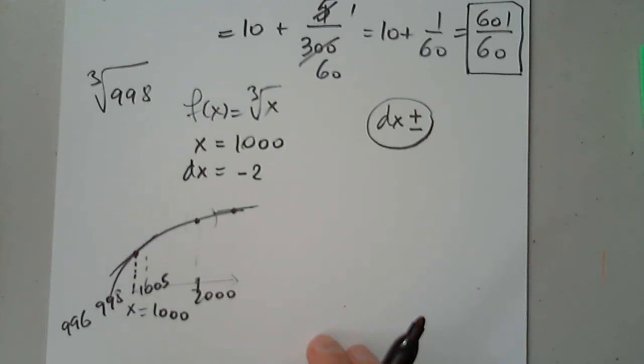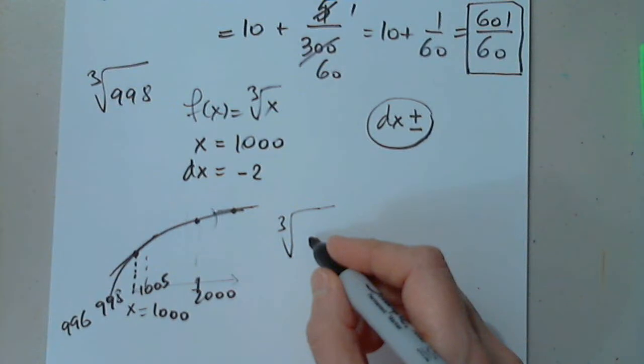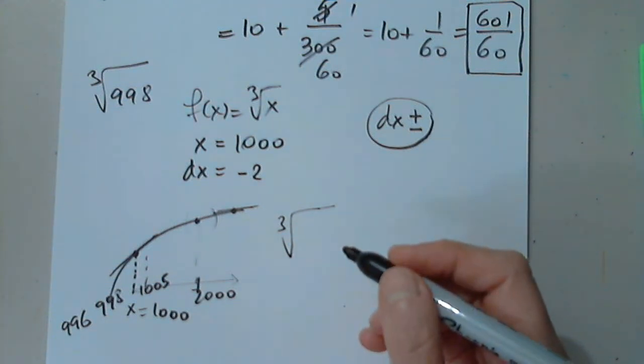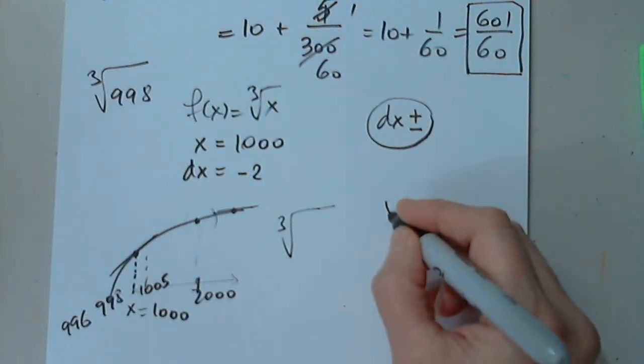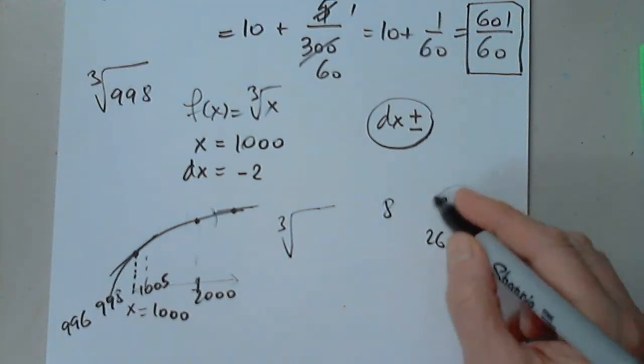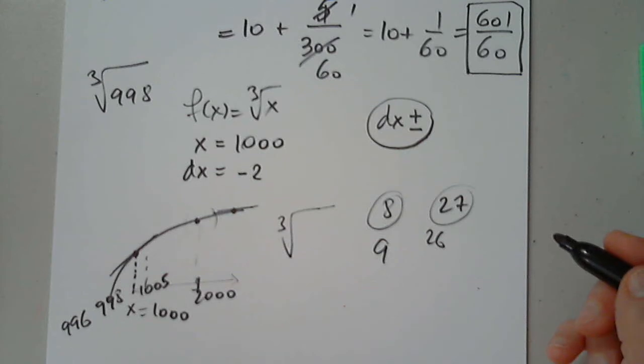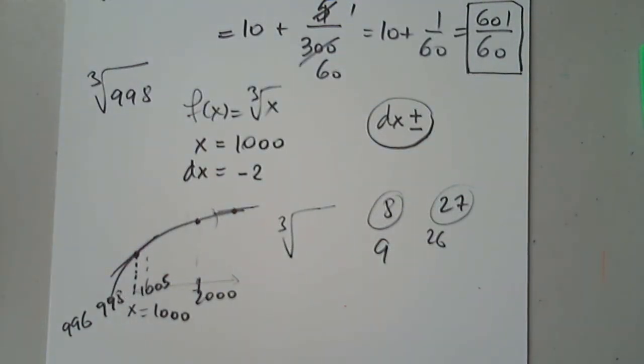What if we have this exact same function, the cube root, and a number that is directly in between 8 and 27, because those are both perfect cubes? Which one do we go to? It depends. If it's 26, you'll use this. If it's 9, you'll use this. So you don't think we'll ever have a question where it is in between? Or just theoretically? Yes, but let's take a look.